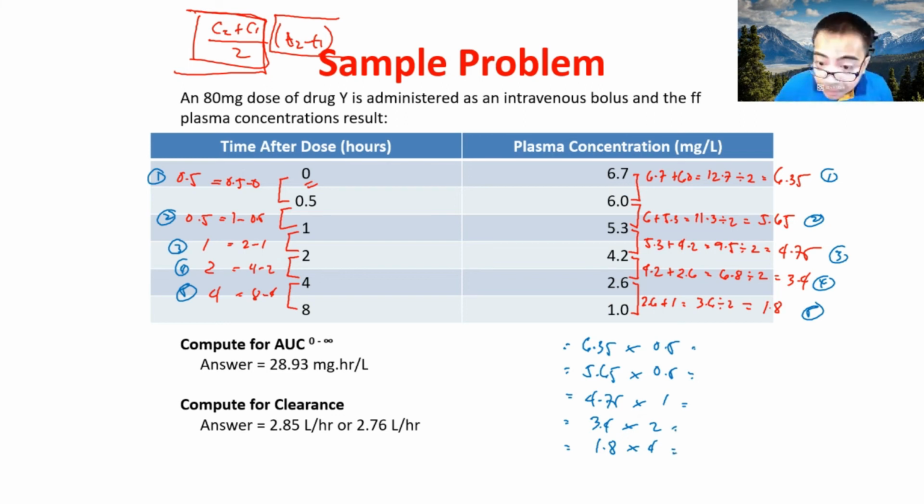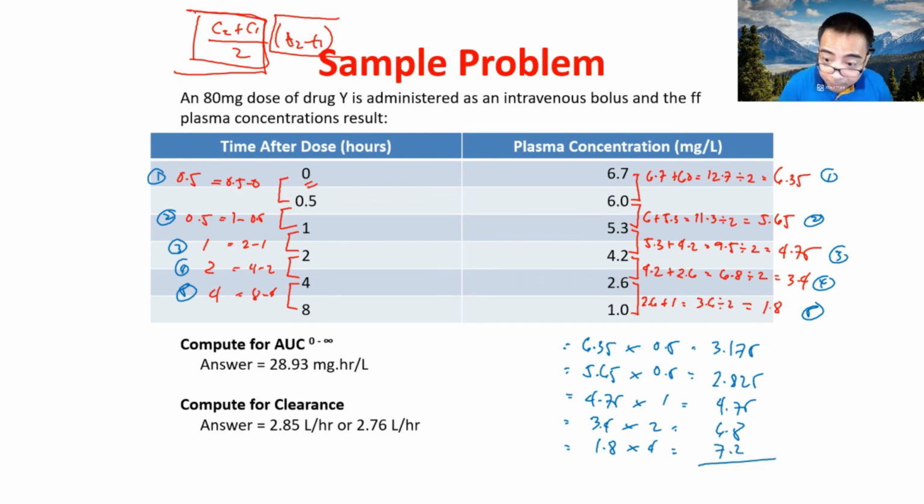6.35 times 0.5, 3.175. 5.65 times 0.5, 2.825. 4.75 pa rin yan. 3.4 times 2, 6.8. Then 1.8 times 4, 7.2.